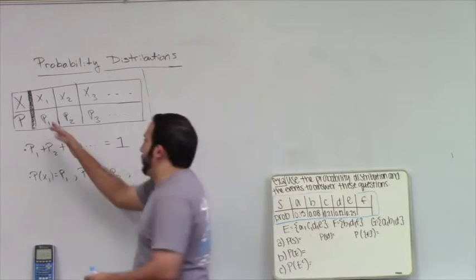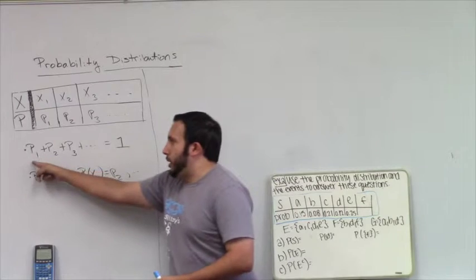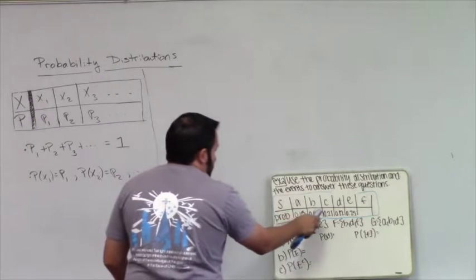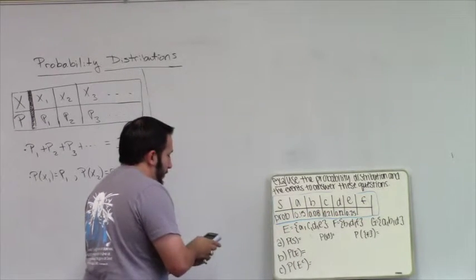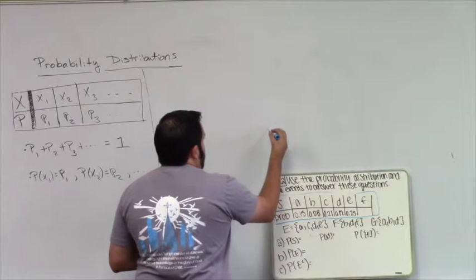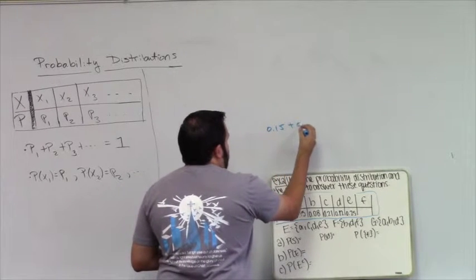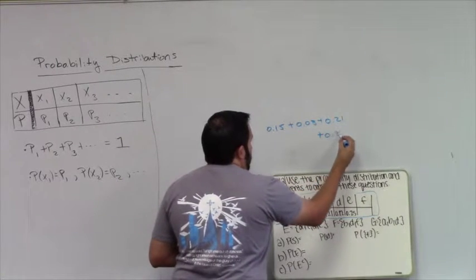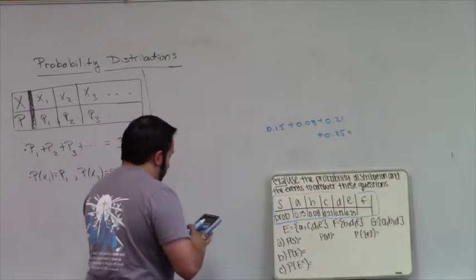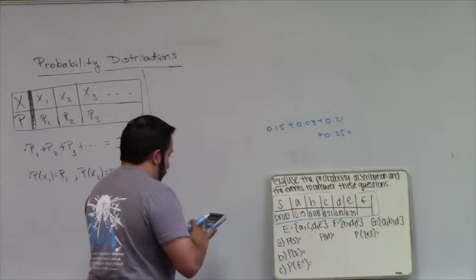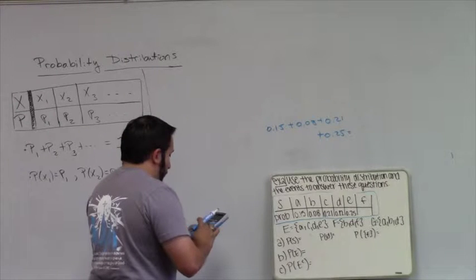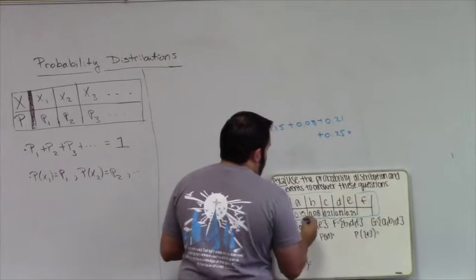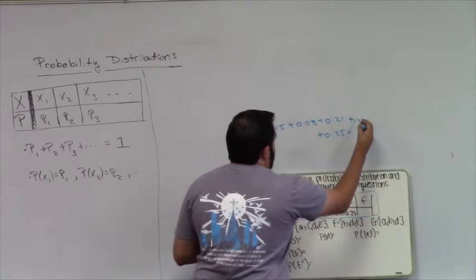So, what did I say earlier about all the probabilities on bottom? All the probabilities on bottom need to equal 1. So, let's add up and see what the A through E equal. If I do 0.15 plus 0.08 plus 0.21 plus 0.12 plus 0.25, let's see what we get when we put that in the calculator.